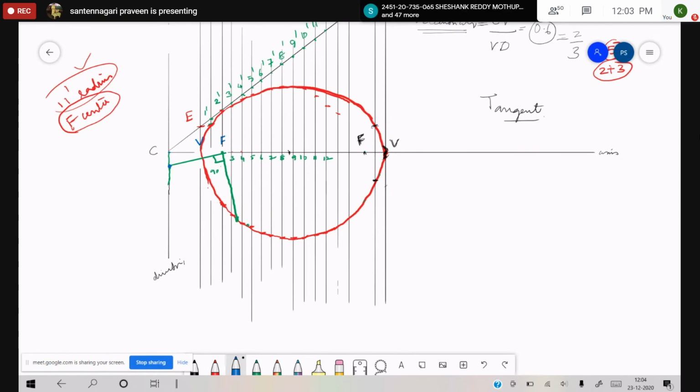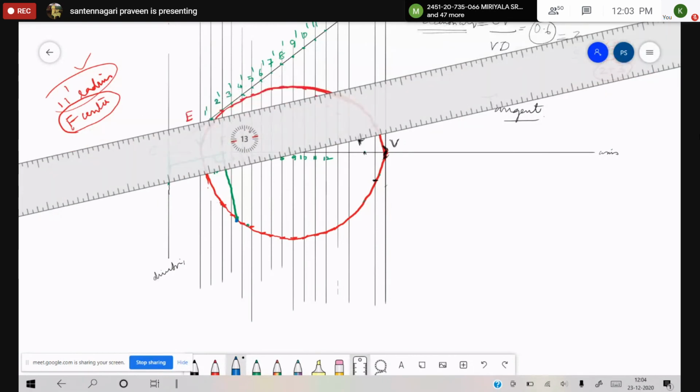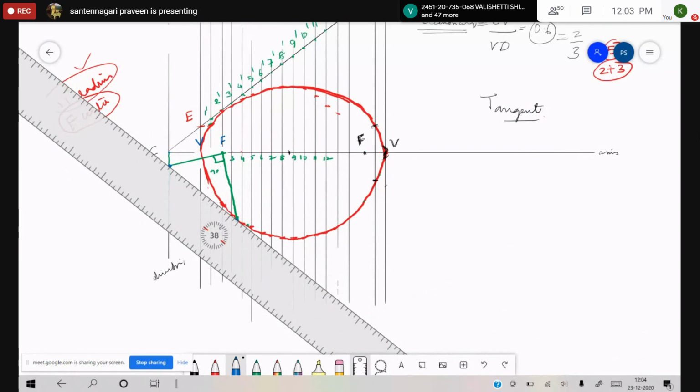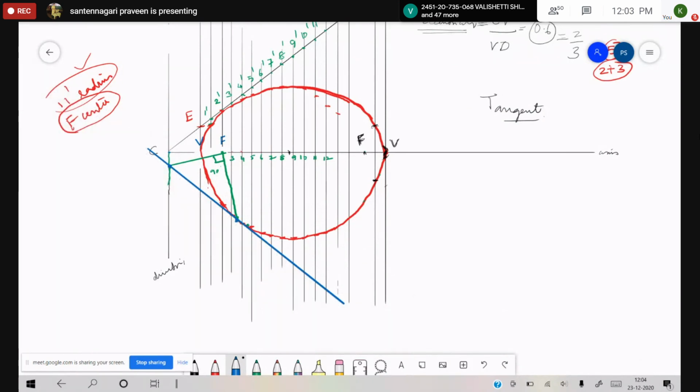And this point and the point where we have assumed our point of tangent to be, this we will join together. Now this is a tangent.